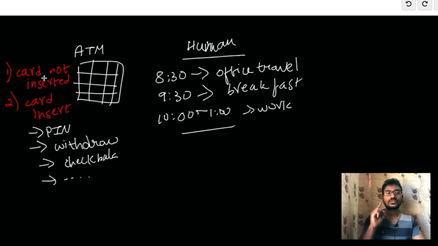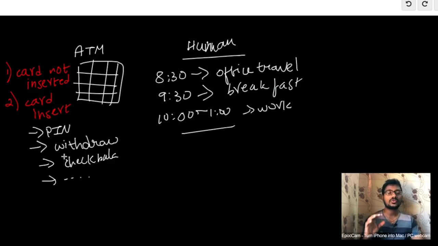If you are in the first state, if you haven't inserted your card into the ATM machine, then you could see only the advertisements and promo videos on the ATM display screen. If you have inserted your card into the ATM machine, then the ATM machine would ask you for the PIN number. If you have entered your correct PIN number, then you could do the following tasks. For example, you could withdraw some amount, or check the balance, or do other stuff.